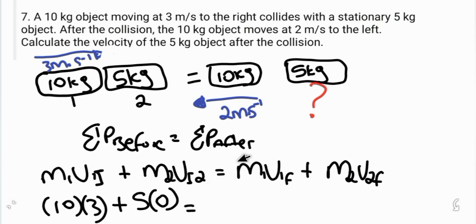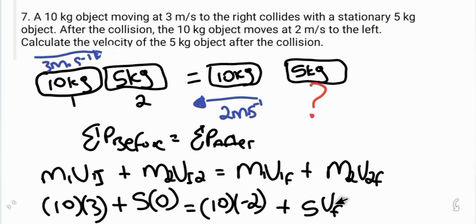The mass of the objects does not change, so it's still 10 kg, but the velocity changed from 3 meters per second to 2 meters per second to the left, plus the mass of object number 2, which is 5 kg, times its final velocity.